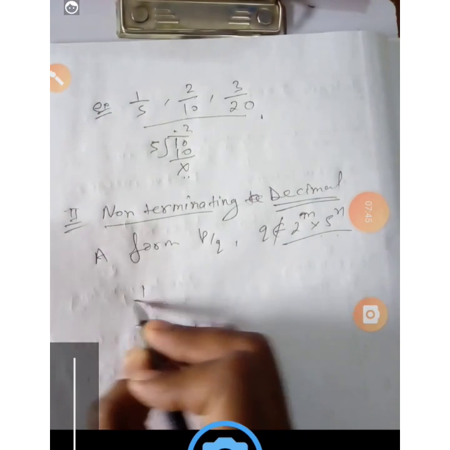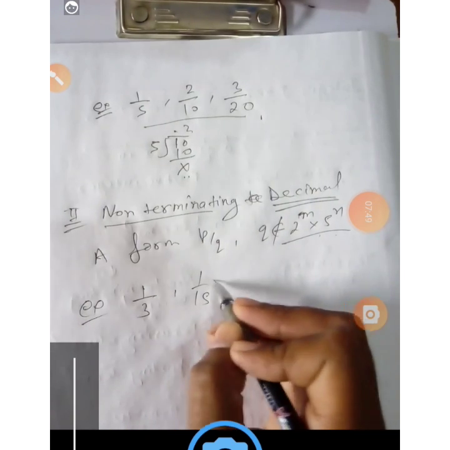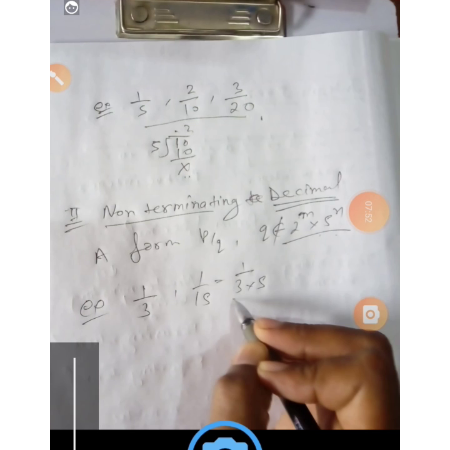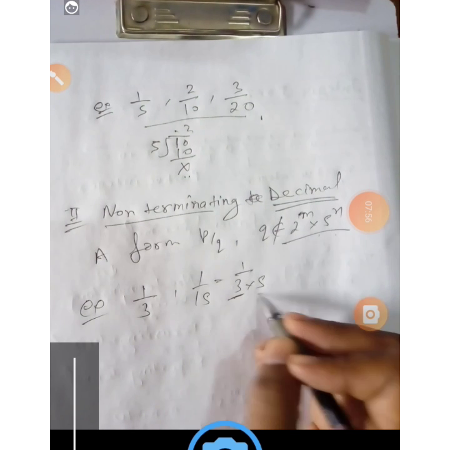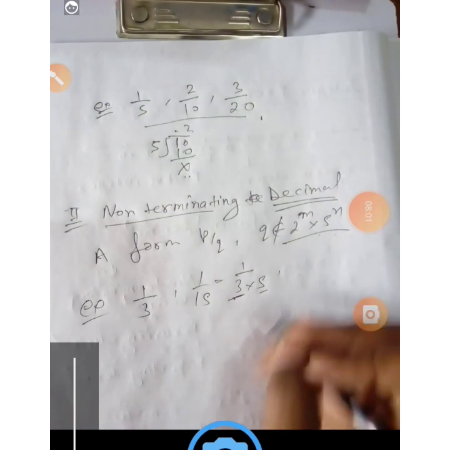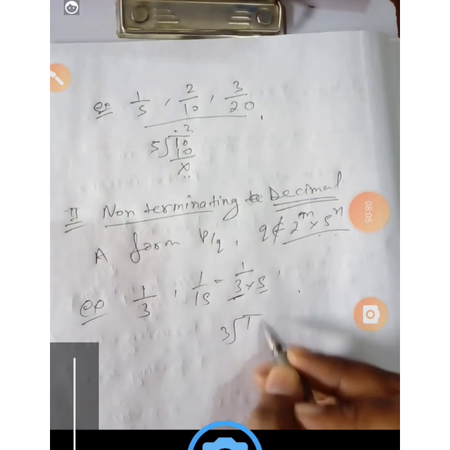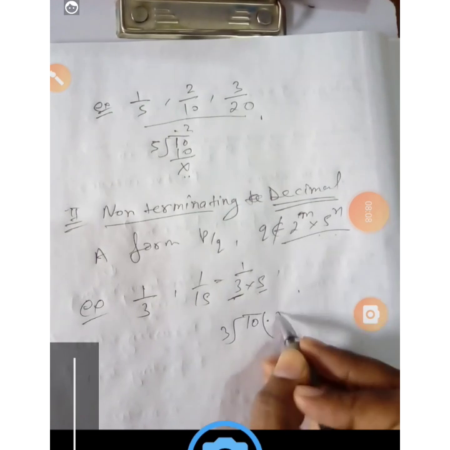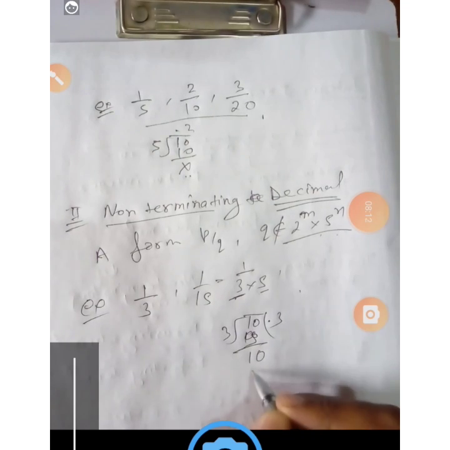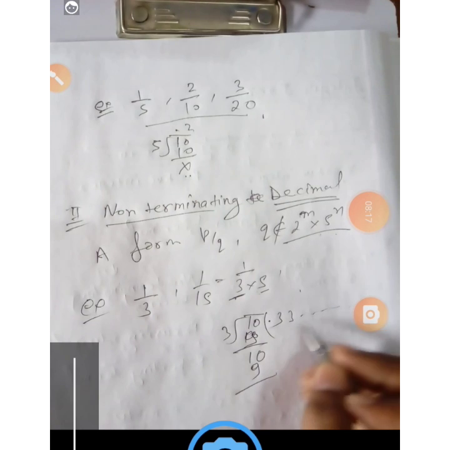For example 1 by 3, 1 by 15. In 1 divided by 3, the decimal is 0.3333, it cannot end with 0, and the 3 is repeated.